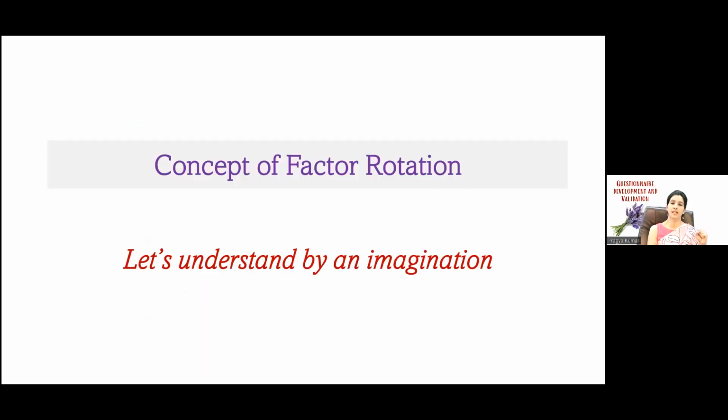Now let's understand the concept of factor rotation. What is factor rotation? This is very important, because with this rotation technique, it's a 3D concept where it traces out the minimum distance between the factor and the maximum loading items in one factor.